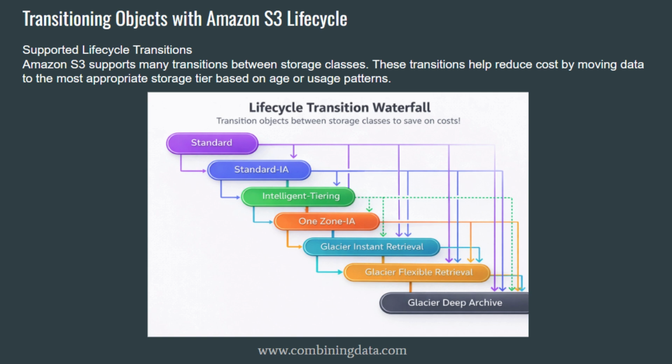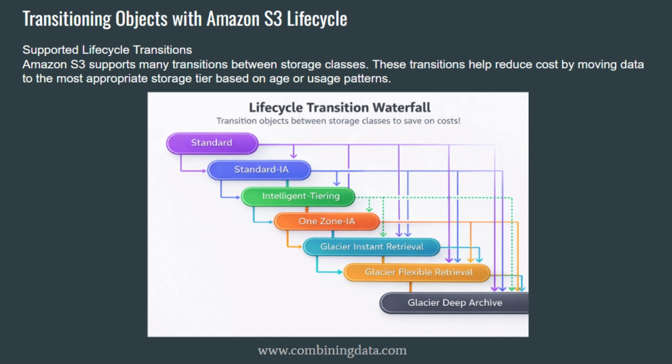Intelligent-Tiering itself contains multiple internal tiers, and objects can move from those tiers into Glacier or Deep Archive depending on configuration. As data becomes colder, transitions generally move in one direction, from Standard to IA, then to Glacier tiers, and finally to Deep Archive.